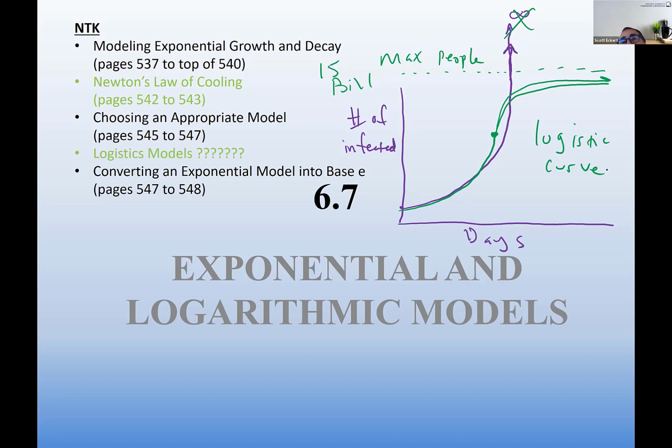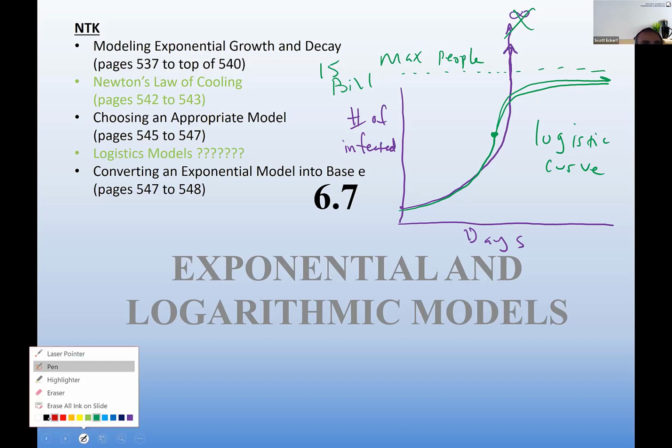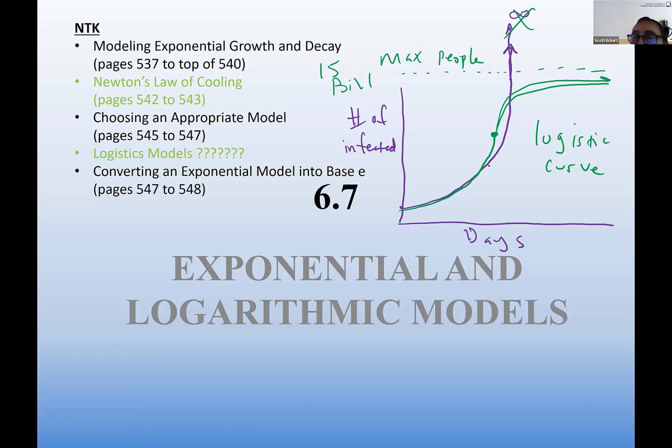And the more serious we are about the quarantining, the sooner we're going to change that inflection point. So if we really didn't care and we were just living life as normal, we might have this growth go really high.